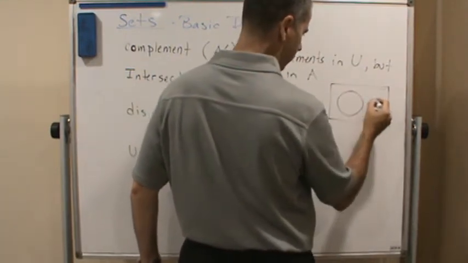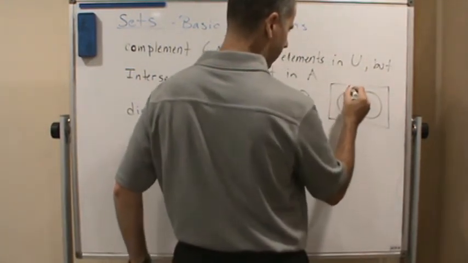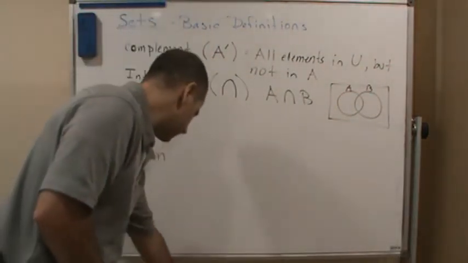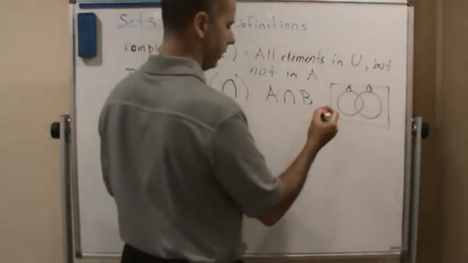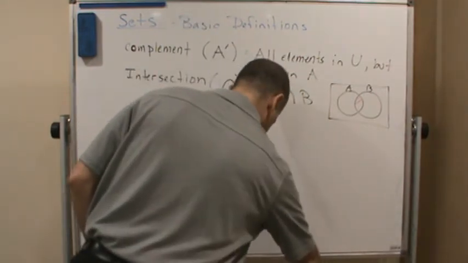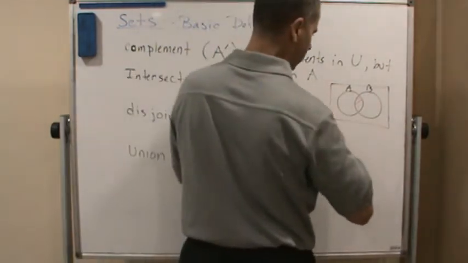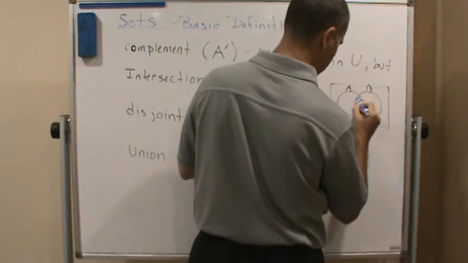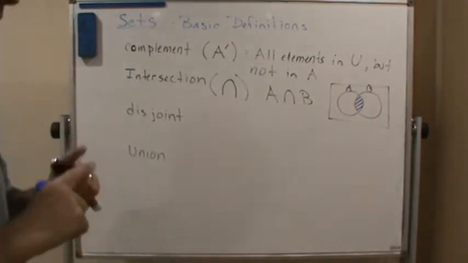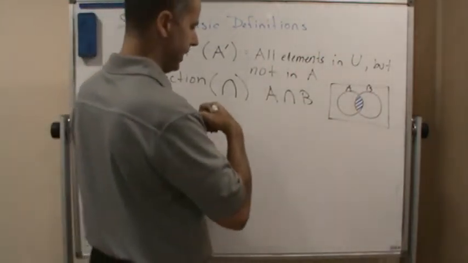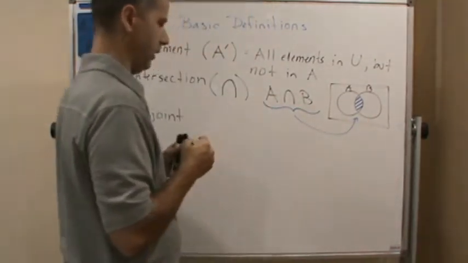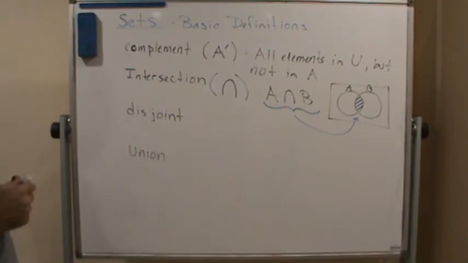We would have A and B, and the piece where they overlap represents the intersection.